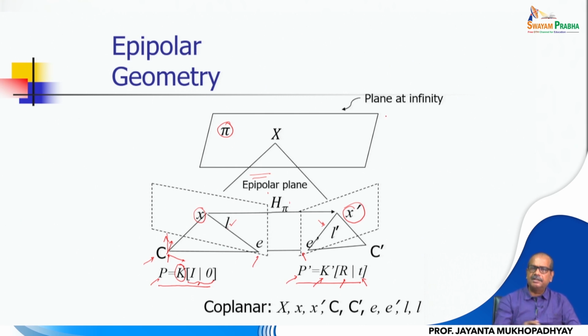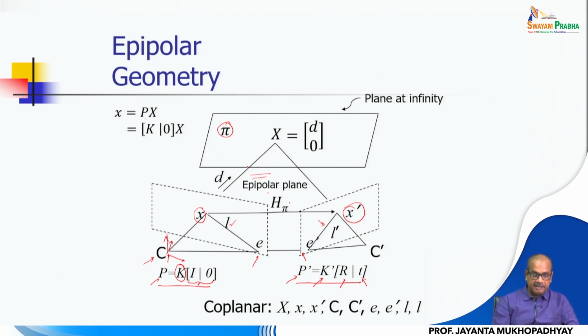I will assume this is lying on the plane at infinity. So in general, I will consider first the plane at infinity. Once again, in the epipolar geometry, I am considering a plane which is at infinity. Now this is a direction d, because it is a plane at infinity. As you know, this direction d itself denotes the point at infinity along that direction, which can be denoted in the homogeneous coordinate system as (d, 0).